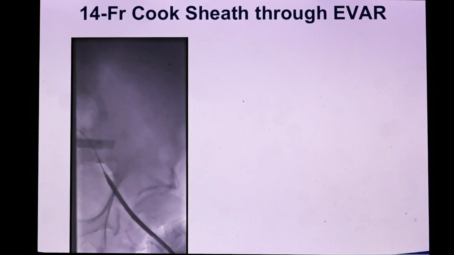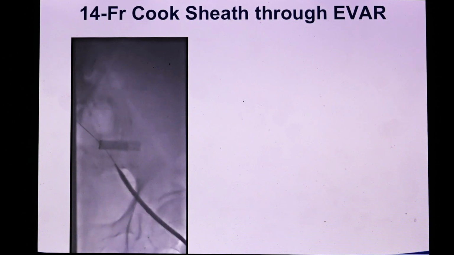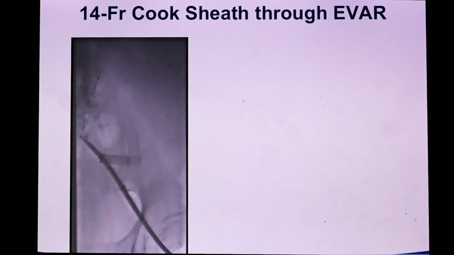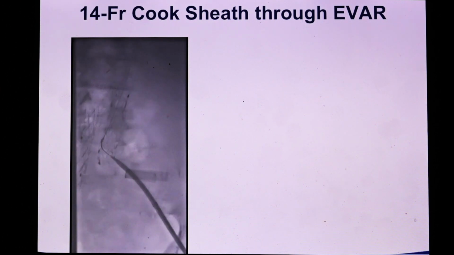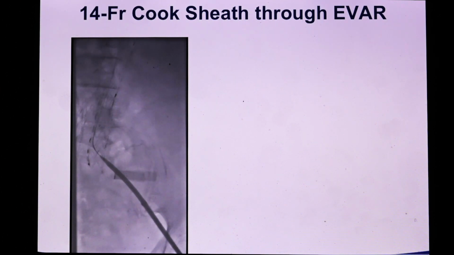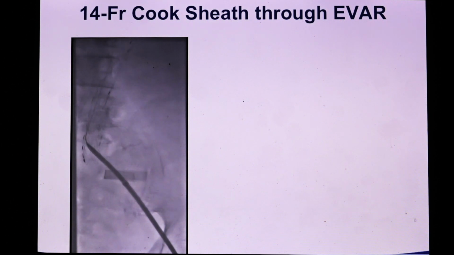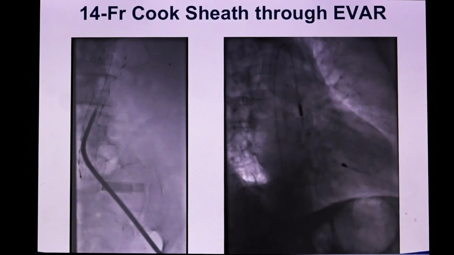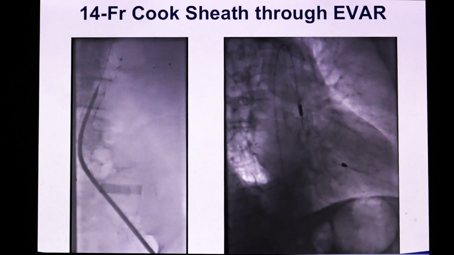We wanted to put in the Impella, but we didn't want to dislodge or damage the EVAR structures. So we exchanged the 5 French sheath for a 14 French Cook sheath. As you can see, my interventional fellow had a hard time advancing this 14 French Cook sheath, but he was a very athletic guy, so he could easily advance it, and the Impella was placed appropriately.